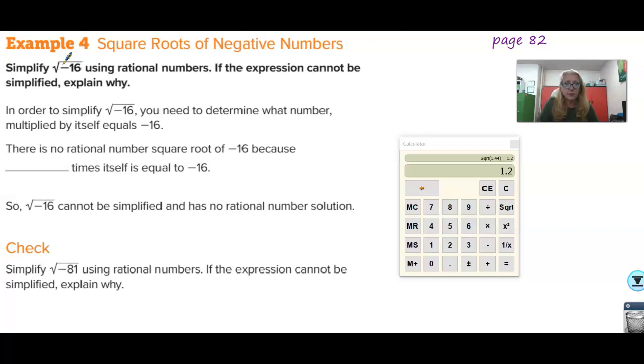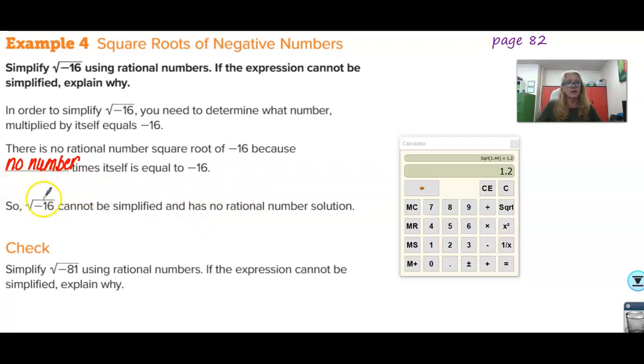Negative 4 times negative 4 is positive 16. So we can't use negative 4. So there is no rational number square root of negative 16 because no number times itself is equal to negative 16. So the square root of negative 16 cannot be simplified and has no rational number solution.